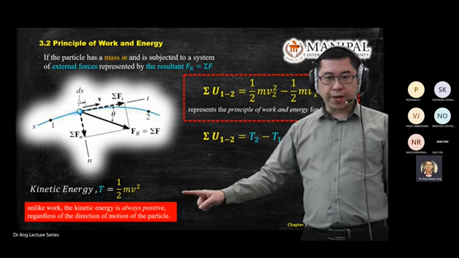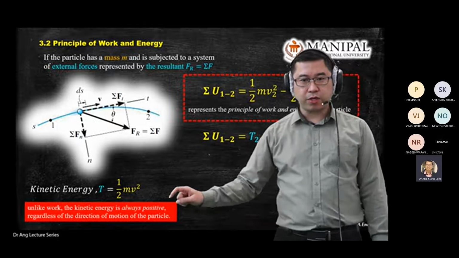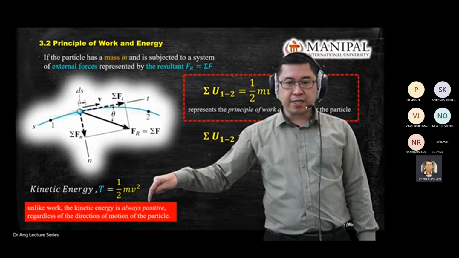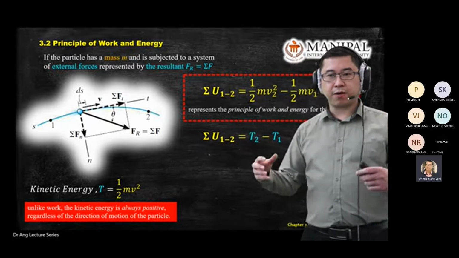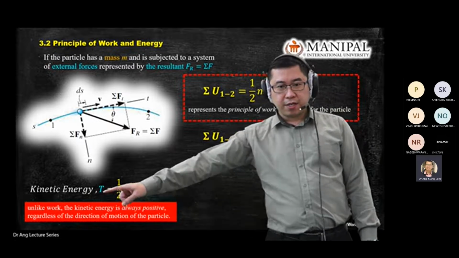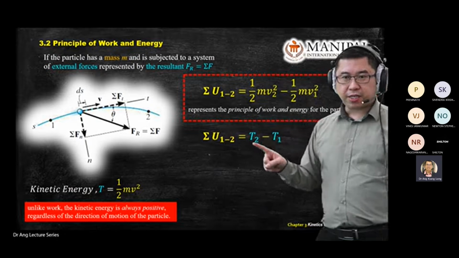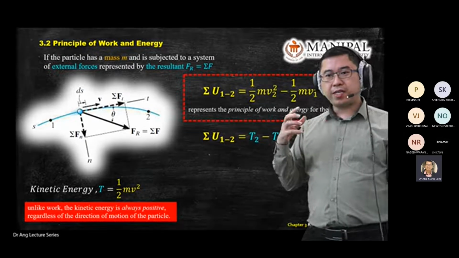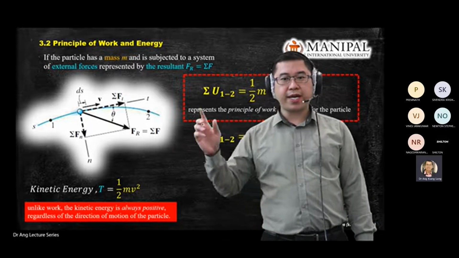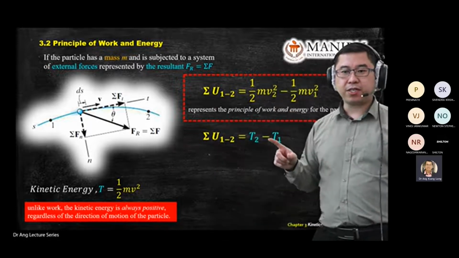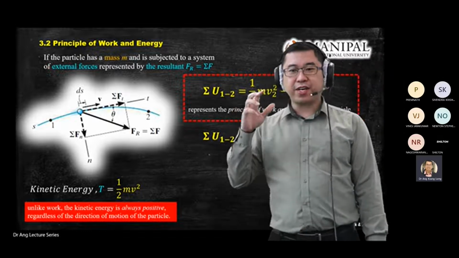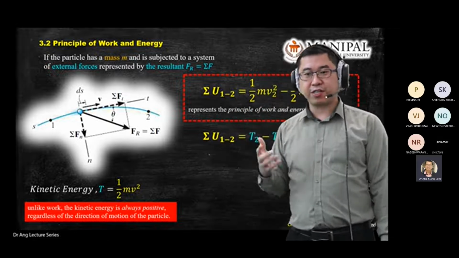One note here, a good news for everyone: kinetic energy is always a positive magnitude. T energy always is a positive value. It doesn't look at direction. If you talk about energy, you cannot destroy or create energy, like the conservation of energy.